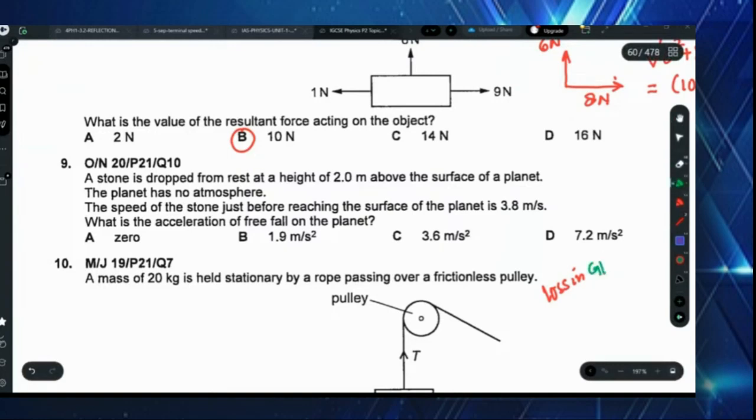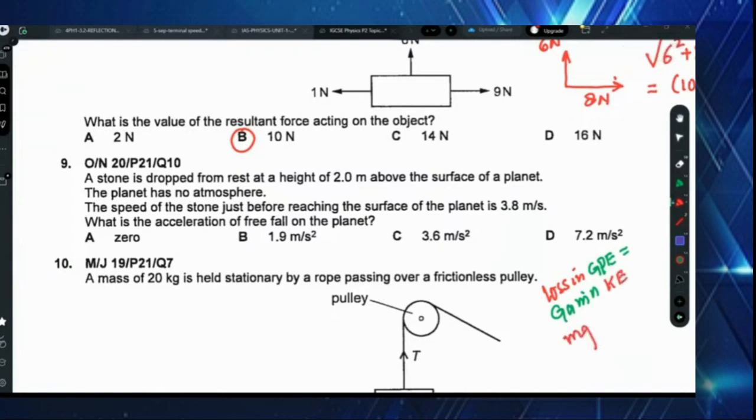Loss in GPE is mgh, and that equals 1/2 mv squared. The mass cancels out, and you find the value of g, which equals v squared divided by 2h.